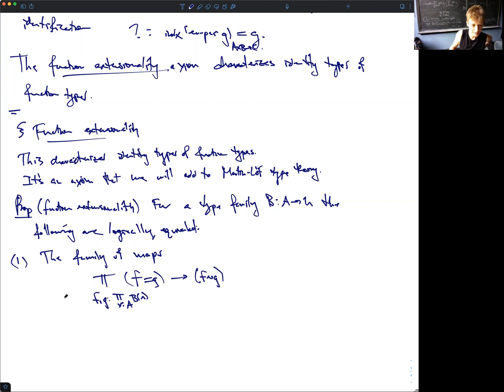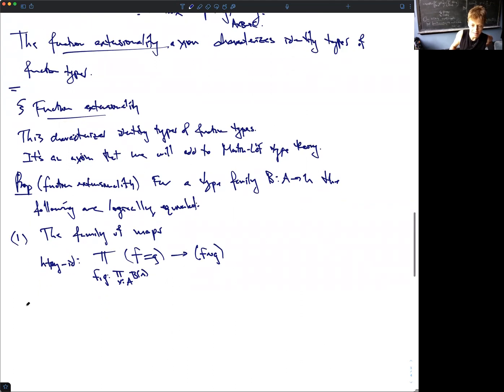And there's a canonical map in this direction that turns an identification into a homotopy defined by path induction, it suffices to give an image of the reflexivity term.